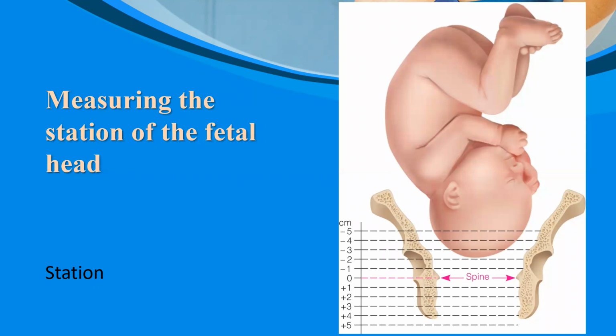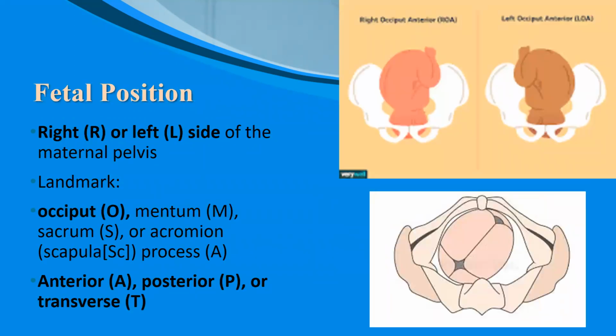In this view, the station is -2 to -3, so it's still above the ischial spines. The landmark chosen for vertex presentations is the occiput, and the landmark for face presentations is the mentum.